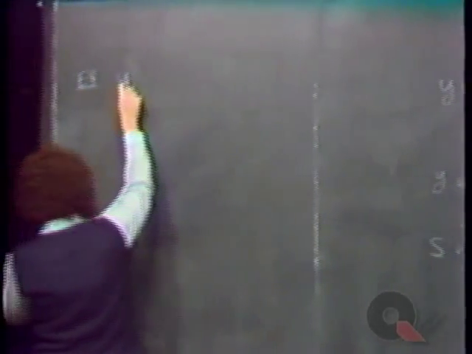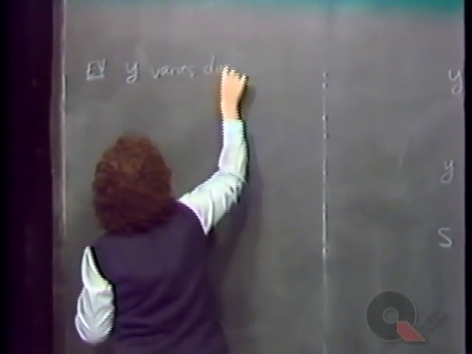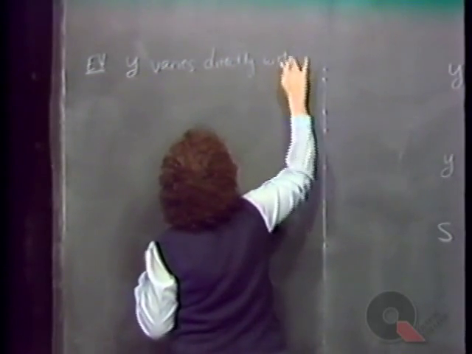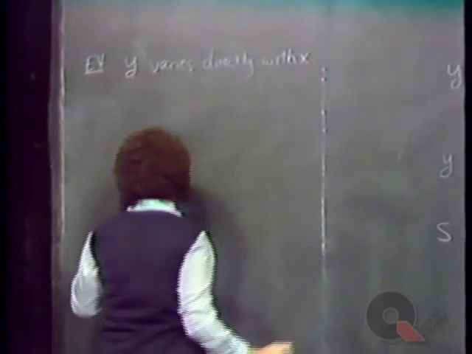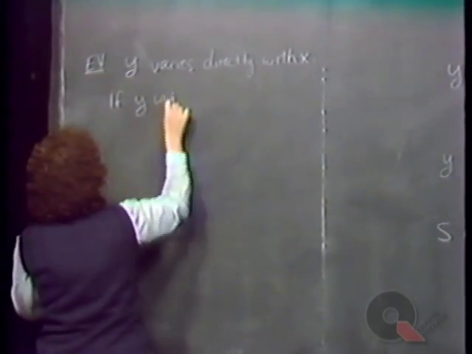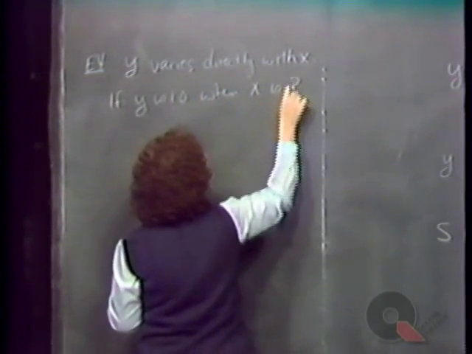For example, y varies directly with x. y is 10 when x is 2.